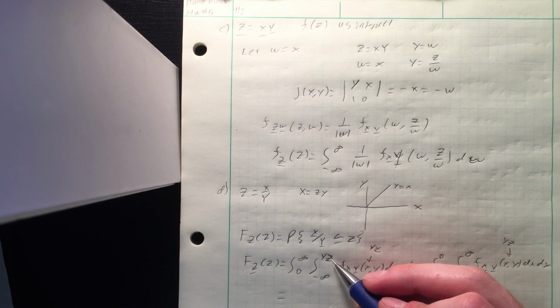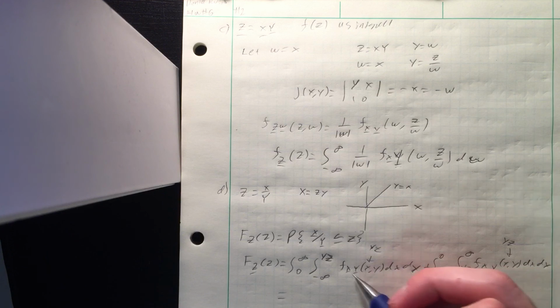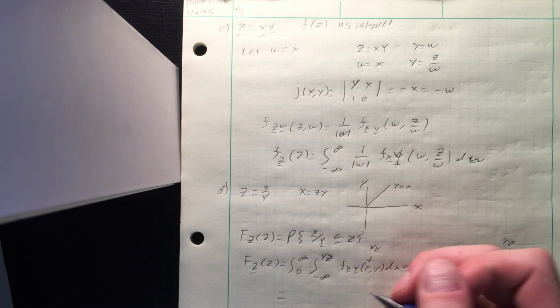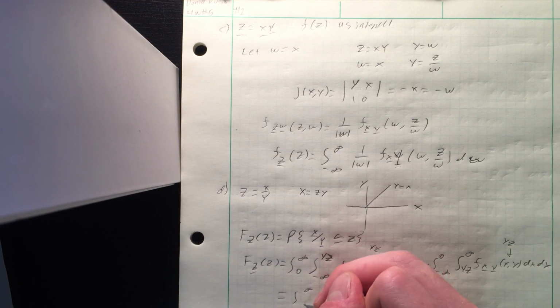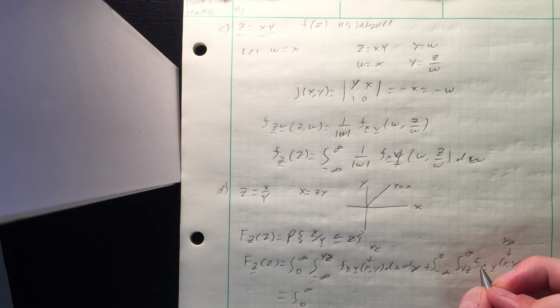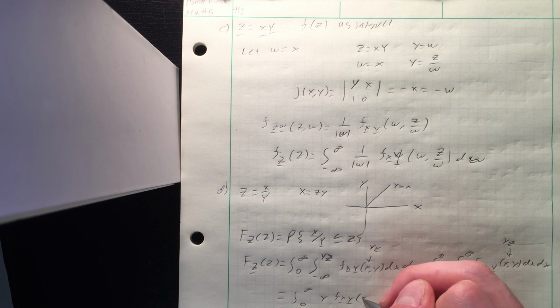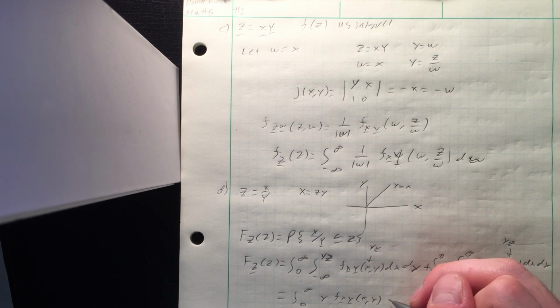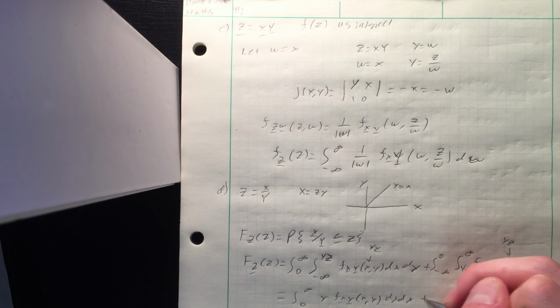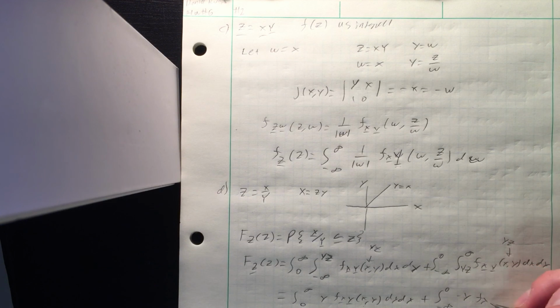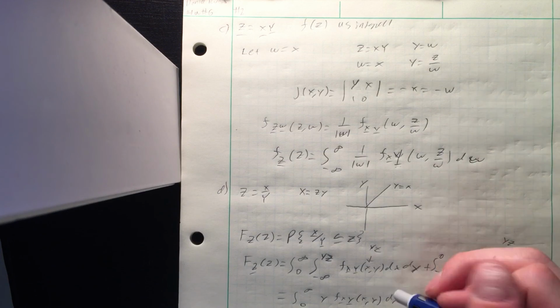When one integrates from negative infinity to yz, you get a y in this case, and a negative y in the other case.